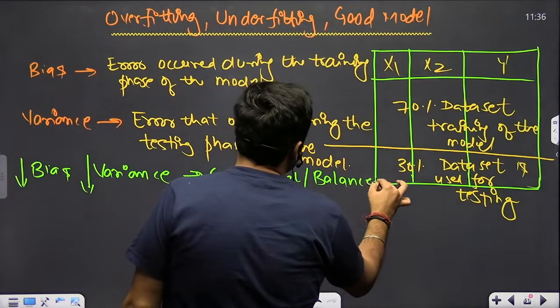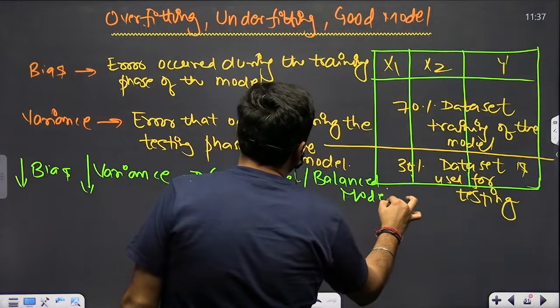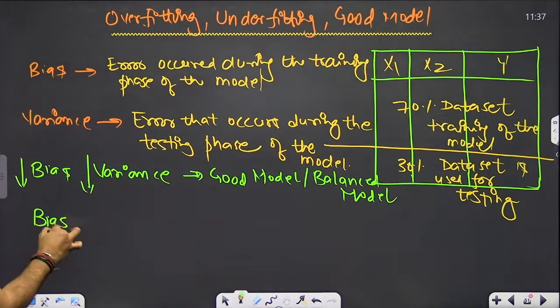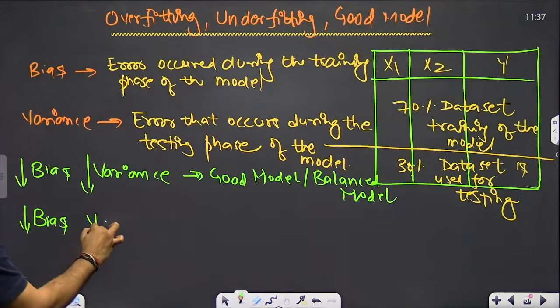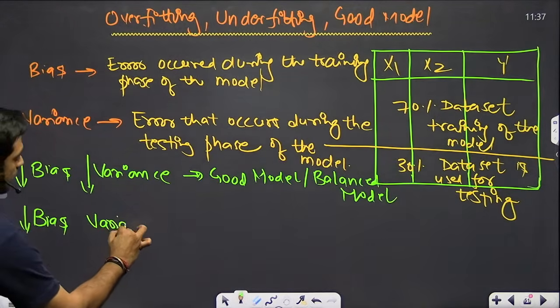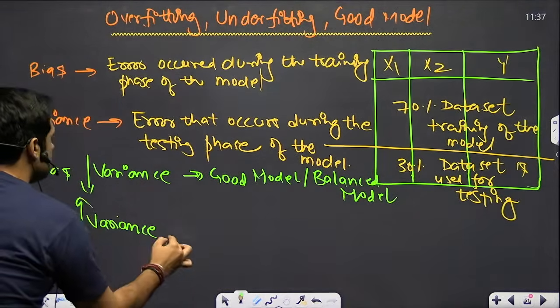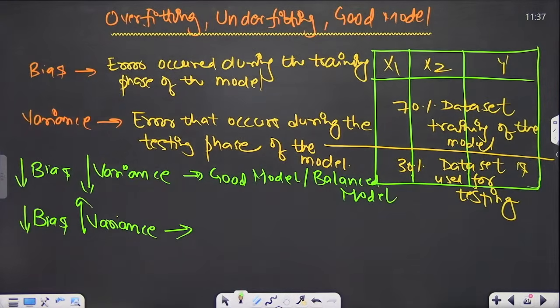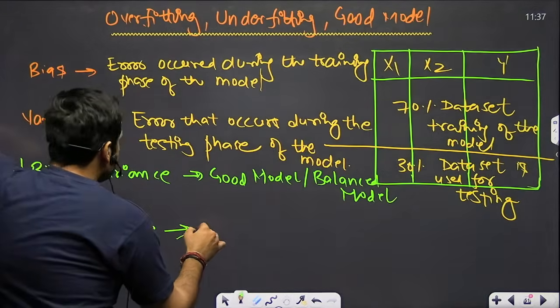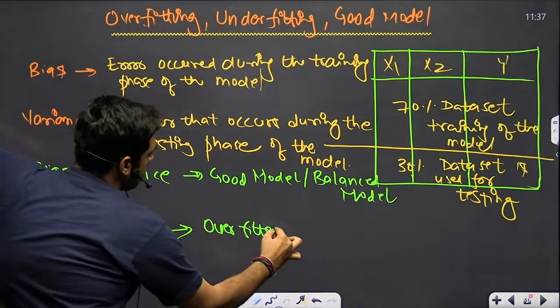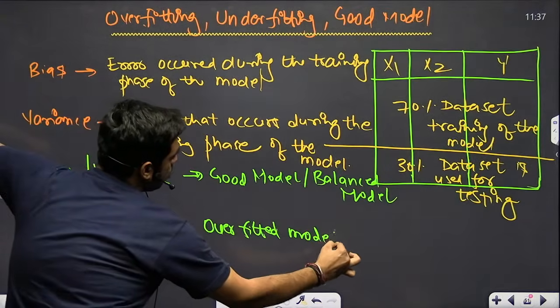Then if bias is low but variance is high, that is known as an overfitted model.